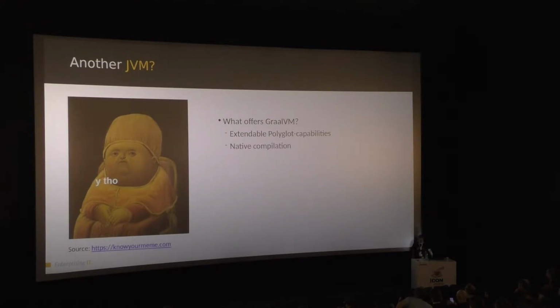The second point is we have actually the capability of compiling our Java program into a native binary file. When you think back, one of the big features of Java was the bytecode representation and being independent of the machine you're running on.